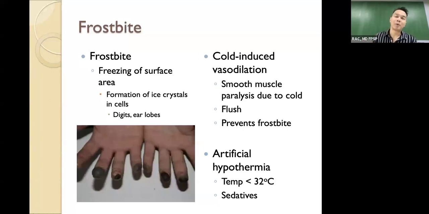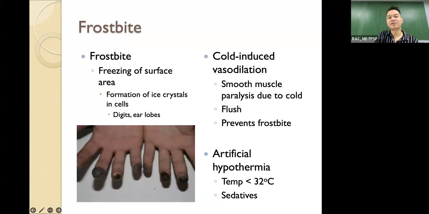Whenever we are exposed to extremely cold environments, water within the cells might freeze. So when that happens, the cells become necrotic. So this is frostbite. Once your frostbite sets in, that's it. So they're no longer viable. So you have to surgically debride them.